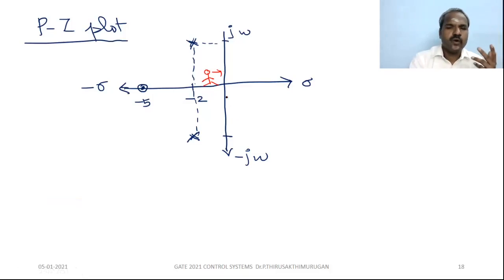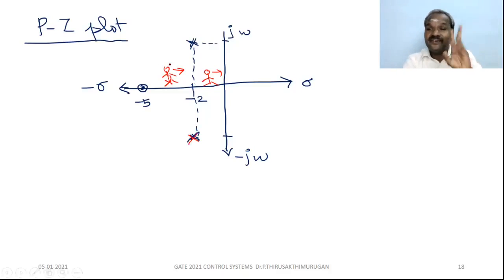Nothing, so no branch on this real axis. Then you come and stay here and look back. How many poles and zeros are there? Two poles, one here and another here. Two is an even number, so here also no branch between this and this.